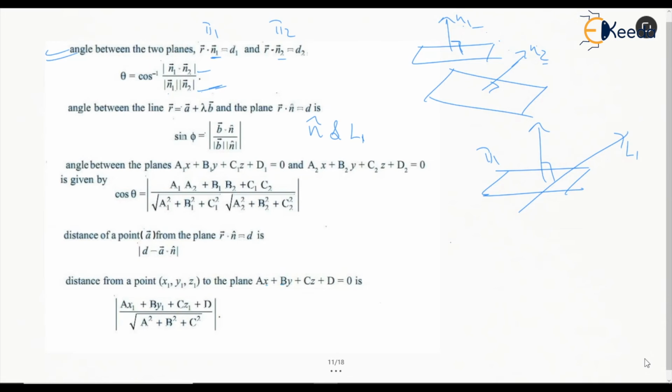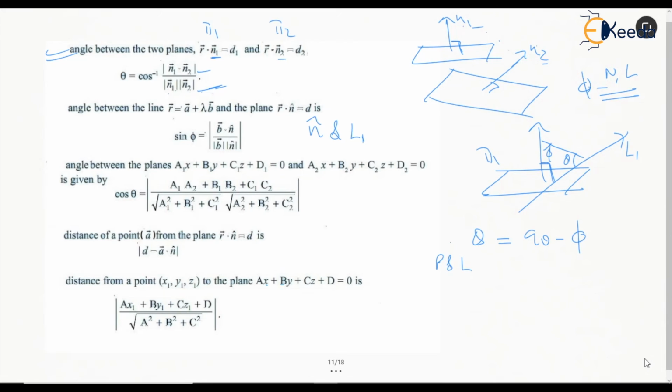Because this perpendicular is 90 degrees ahead of the plane. So if we require the angle theta between the plane and the line, then this is going to be 90 minus some angle, let's say phi, where phi is the angle between the normal and the line, right? Because these two angles are going to be complementary. Let's say this is theta and this is phi, this is 90 degrees.